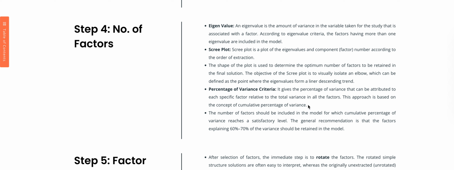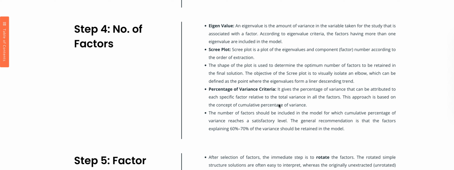Percentage of variance criterion. It gives the percentage of variance that can be attributed to each specified factor relative to the total variance in all factors. This approach is based on the concept of cumulative percentage of variance. The number of factors included in the model should be such that the cumulative percentage of variance reaches a satisfactory level.